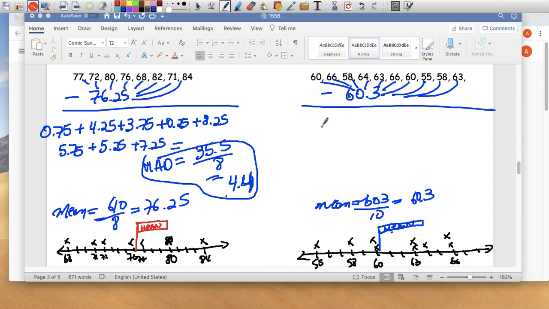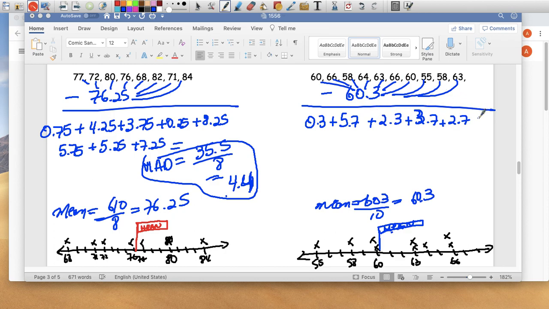From 60 to 60.3, you would walk 0.3. And then you would walk 5.7. Then you would walk 2.3, 2.7, 3.7, I'm sorry. 63 would be, so this 3.7, this would be 2.7.